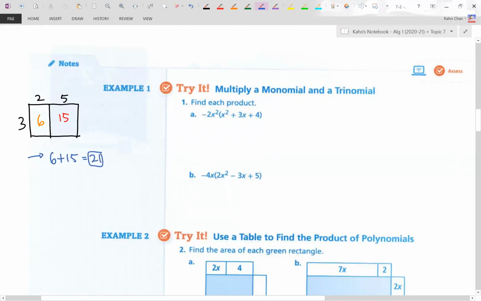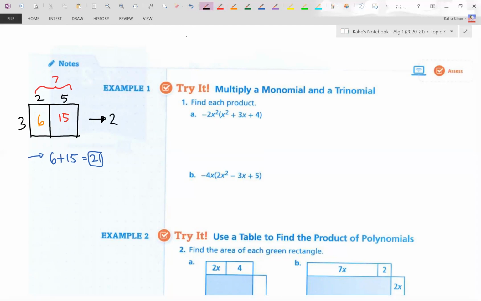That is the area of the big rectangle. Could I do this individually? The answer is yes. What I'm trying to illustrate here is the distributive property. So this is another way of looking at it. Could I get 21 another way? Well, certainly 2 plus 5 is 7. And 3 times 7 is 21, so you can get it that way as well.